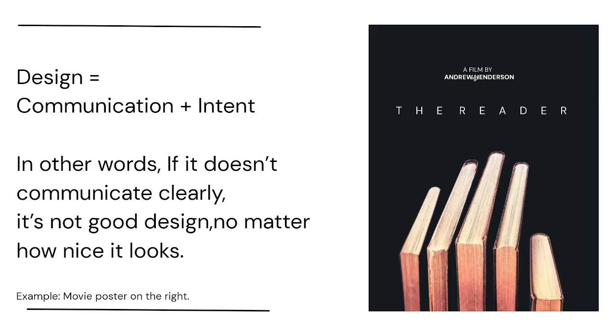So basically the design is communicating to us that this movie is probably going to be about a reader or someone who likes to read books. In this case, the purpose of the design has been achieved, in the sense that it communicates effectively to us and we understand what the person behind the design is trying to communicate. Let's move to the next slide.